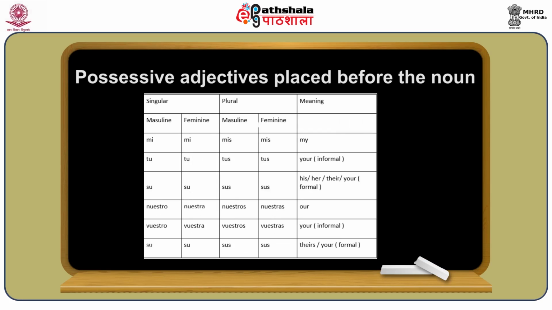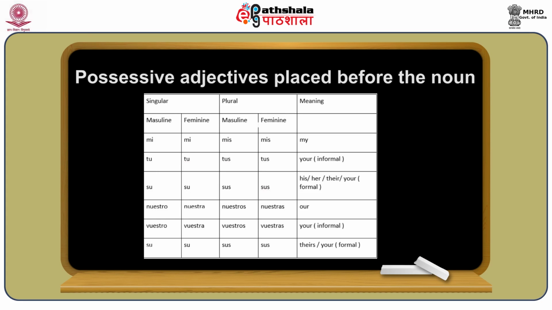They are similar to the English language, but there are some differences in their forms, and these possessive determiners are my, your, his, her, their, our. So the possessive adjectives, when they are placed before the noun, are mi, meaning my.